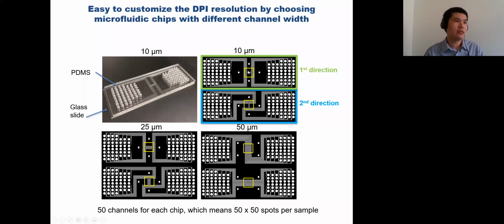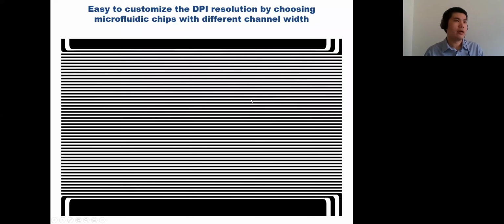With different channel widths, 10, 25, and 50, you can control the resolution of your barcoding process. Basically, you can have tissue pixel size from 10 to 50 microns, for different needs.